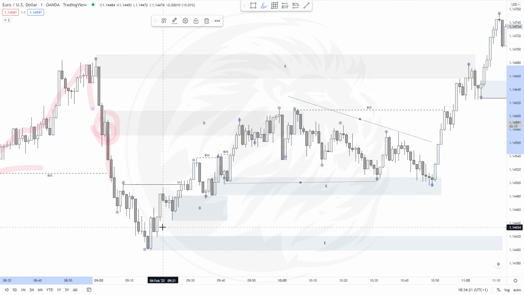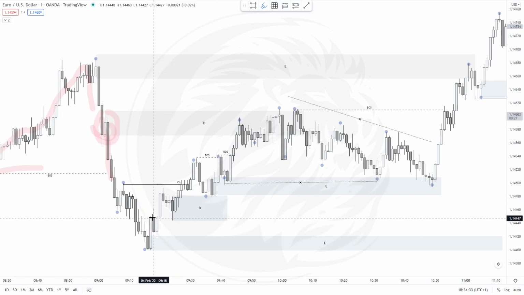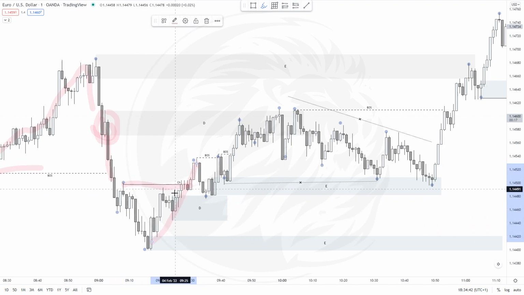But as you can see here, the extreme has already been touched here on the 0%, and price here after creates another order block, but price comes back into it, fills the imbalance to create the decisional to break the change of character here. So we have this decisional and this extreme, but price filled the imbalance here, filled the imbalance here, and so now we are able to take the decisional to follow the market.